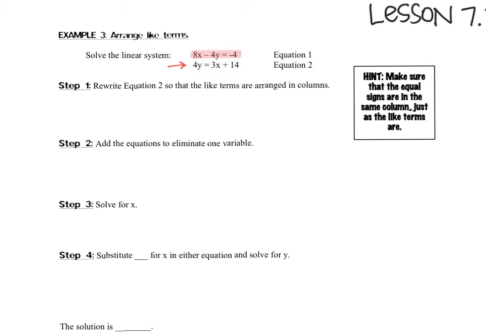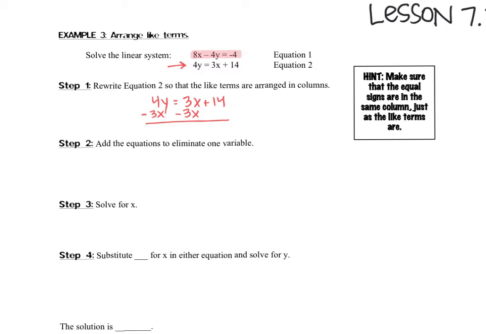Okay, so right now I have 4y equals 3x plus 14. So I can see that I need to get the x term over to the left side. So I'm going to start by subtracting 3x from both sides.